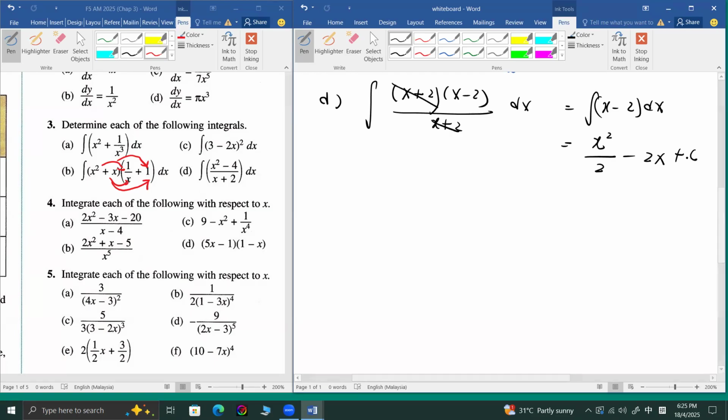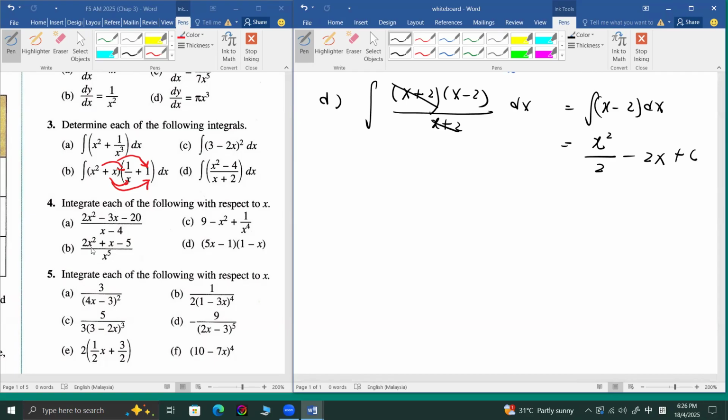So this is the way you are going to do it. So question 4, same thing. Question 4, I leave it to you. For question 4, you do like A, you do like D: factorize it first, factorize, simplify, and then only you integrate.